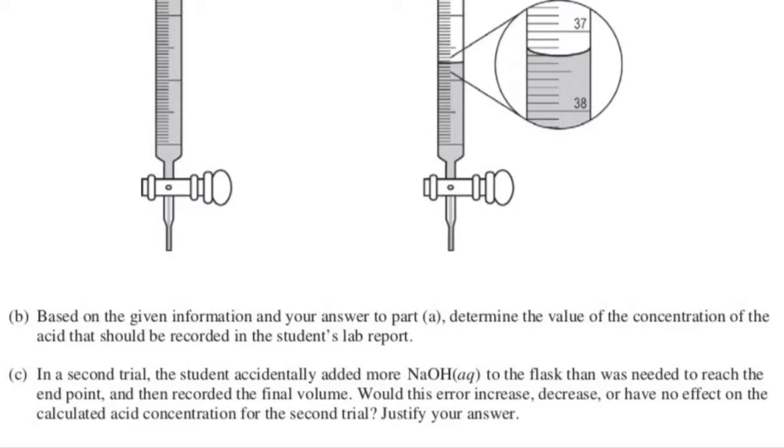And then just to throw in C, because why not, we're crazy chemists, in a second trial, the student accidentally added more NaOH to the flask than was needed to reach the endpoint, and then recorded the final volume. Would this error increase, decrease, or have no effect on the calculated acid concentration for the second trial, and justify your answer? So let's get into B, and then we'll hit C right after.